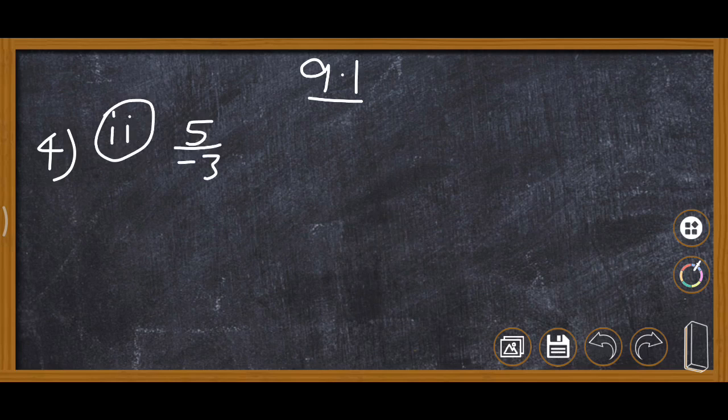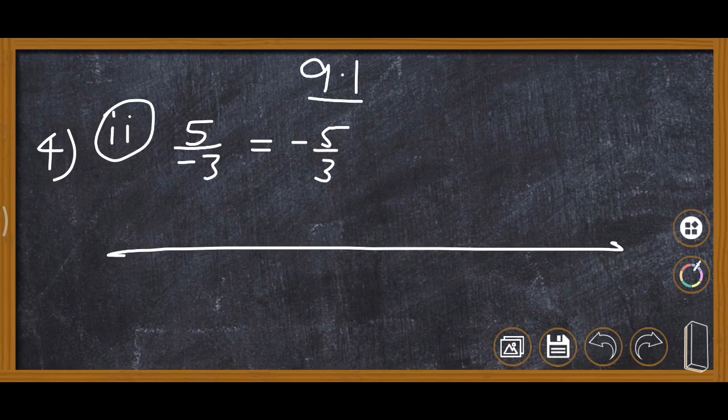Now this is 5 upon minus 3, so we can write it as minus 5 upon 3. You are required to draw a line first. It is negative, so it will be on the left side of 0. Here the denominator is 3, so we will draw 3 lines, 1, 2, 3, and on the last line we write the numerator minus 5.